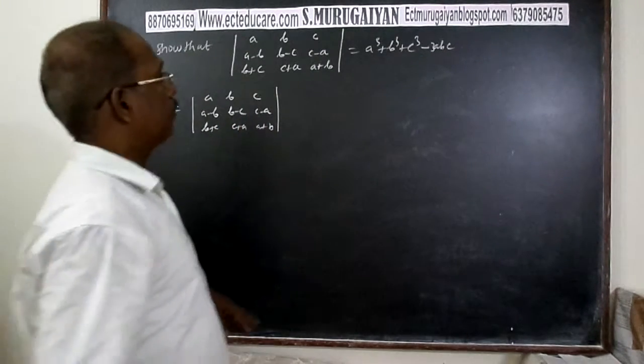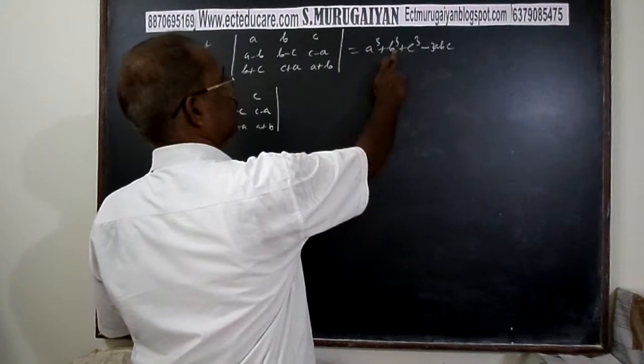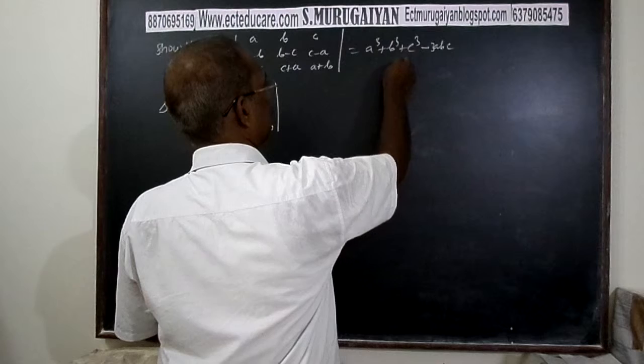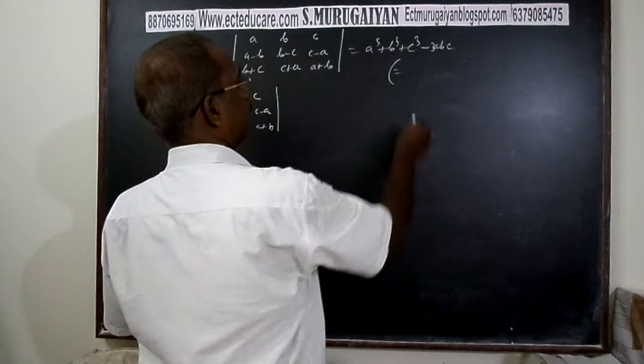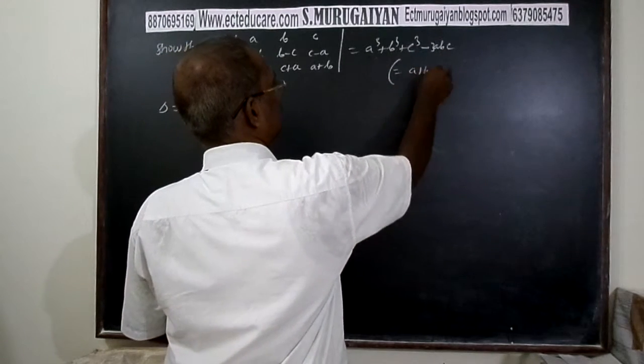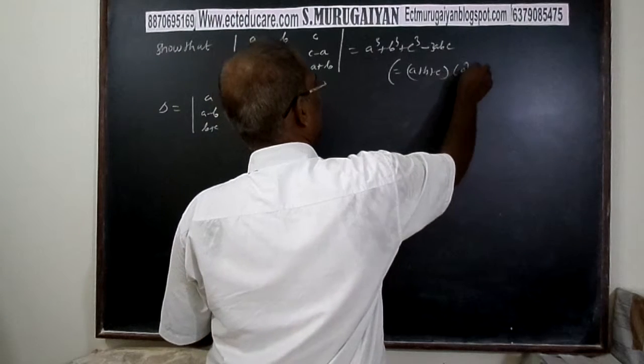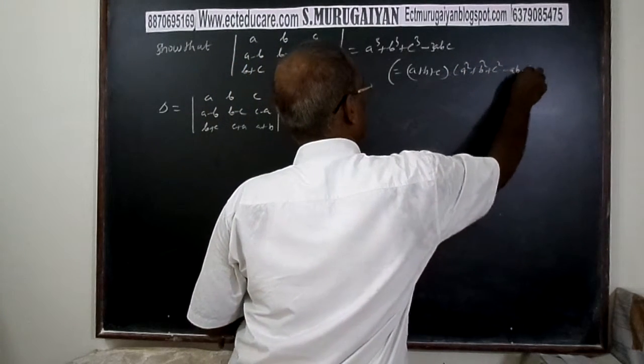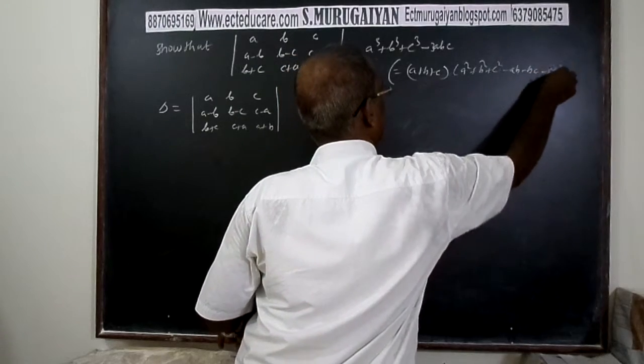So my dear student, we should remember a cube plus b cube plus c cube minus 3abc. This is nothing but, from the 9th standard identity, (a plus b plus c) into (a square plus b square plus c square minus ab minus bc minus ca).